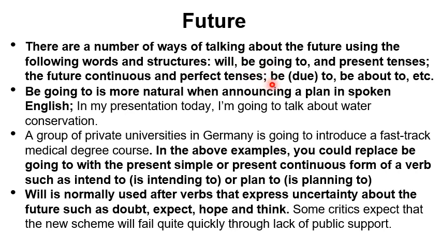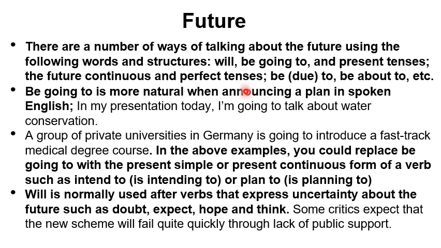We can use be due to, be about to, etc. We also have the future continuous and the future perfect. In this slide and the coming slides, we will get an example for each one of them.